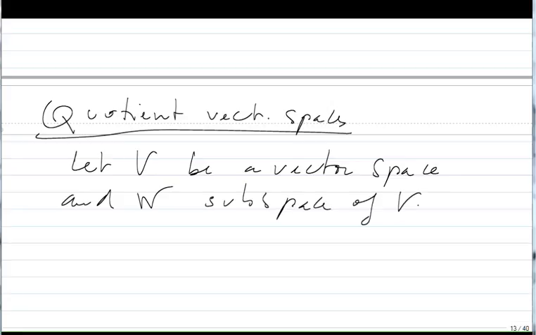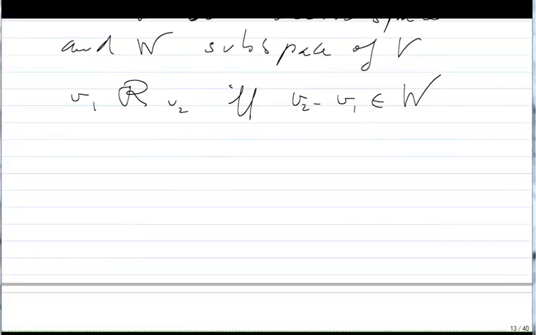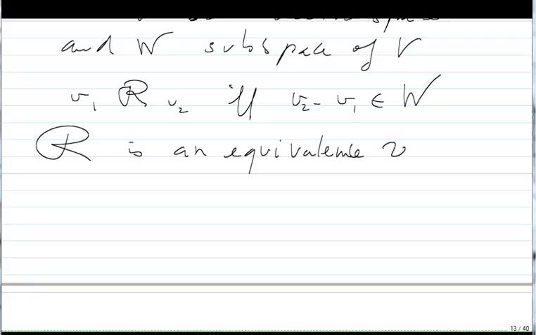Let us define a relation between vectors in V: v1 is related to v2 if and only if v2 minus v1 belongs to W. Here, this relation R is an equivalence relation because W is a subspace.